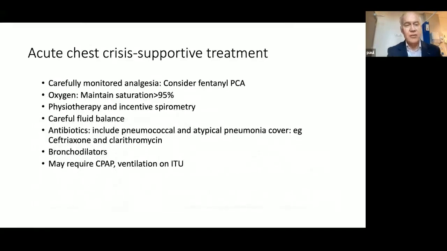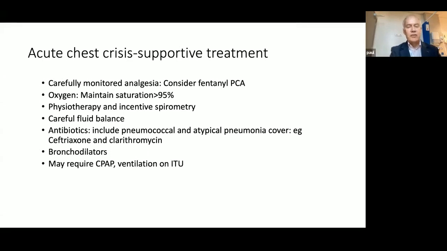So how do you manage this? So analgesia is important because if it's too painful to take a deep breath, then that will diminish air movement and oxygen delivery in the lungs. So analgesia, which really needs to be opioid analgesia, needs to be carefully managed.